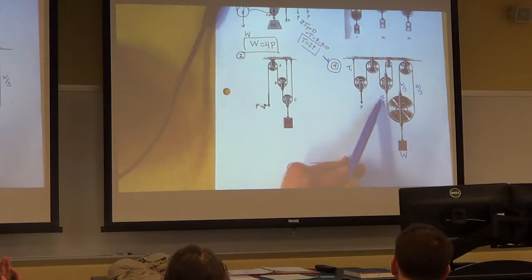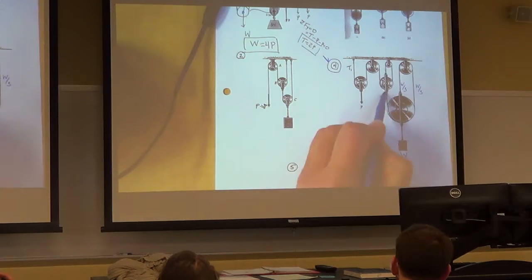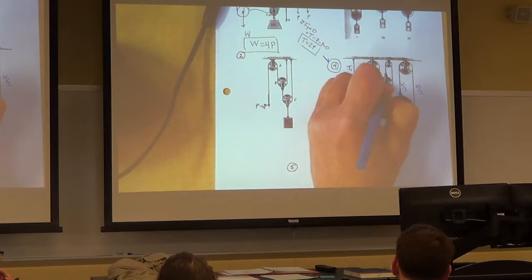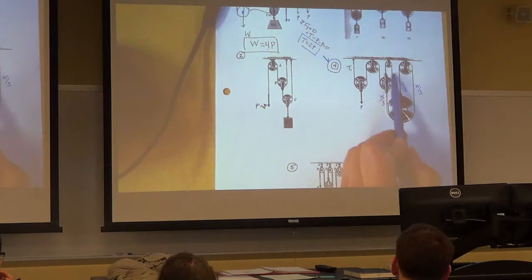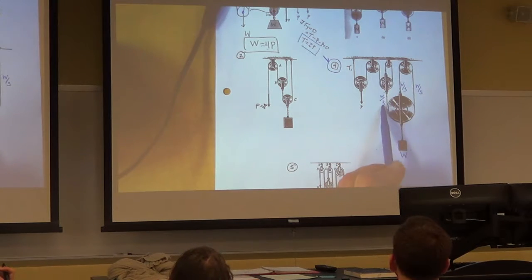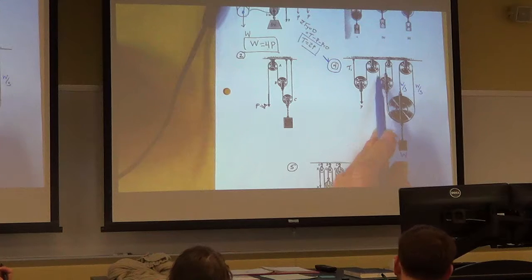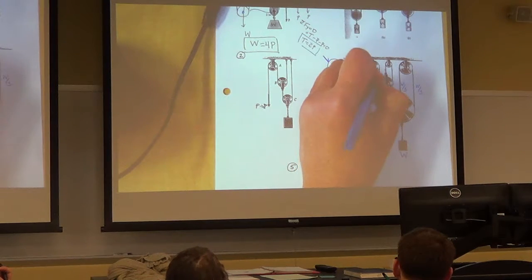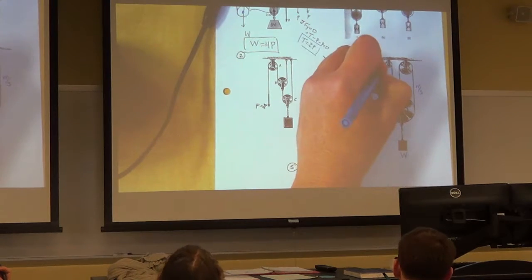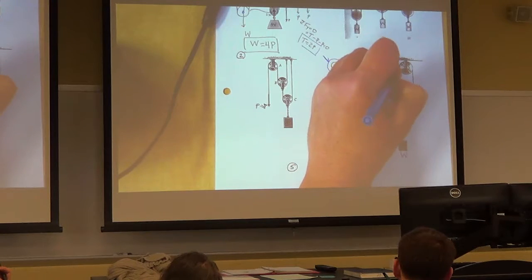If this is W over 3, what are these going to be? First, what are you observing about these 3 cables? They're all the same cable. So all of them are going to be W over 9.